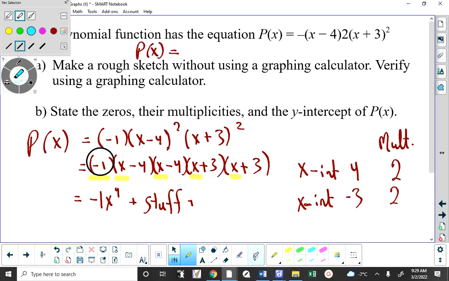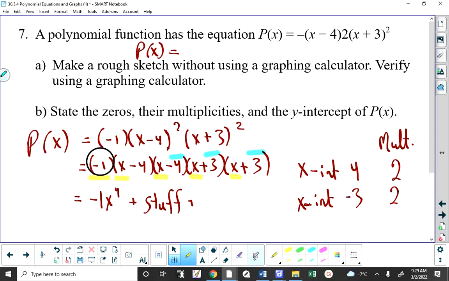If you multiply the constant term in each factor, I'm overlining these things, that -1, as well as being the highest degree term in that factor, is also the constant term in that factor. So the constant term of the polynomial will be -1 times -4 times -4 times 3, which I think is -144. I'm pretty sure about that.